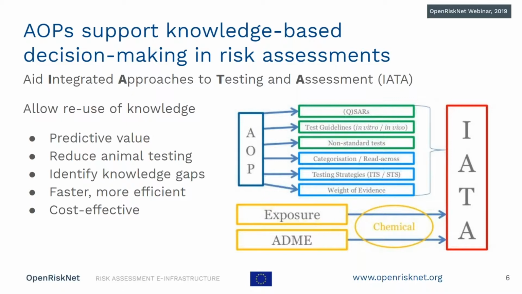They have predictive value. They reduce the amount of animal testing that is necessary to have a valuable risk assessment. And they are used to identify knowledge gaps because they capture all of the information that is already available. They can also show where there is lacking information or lacking data to support the adverse outcome pathway.